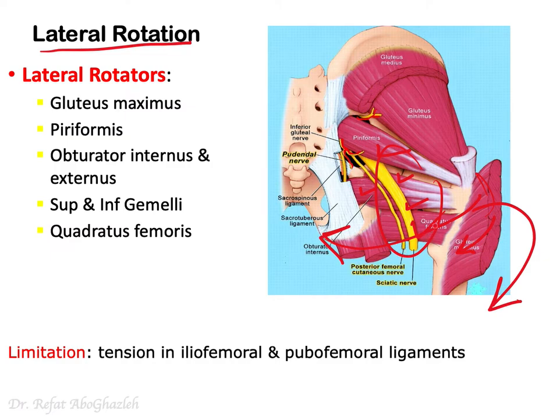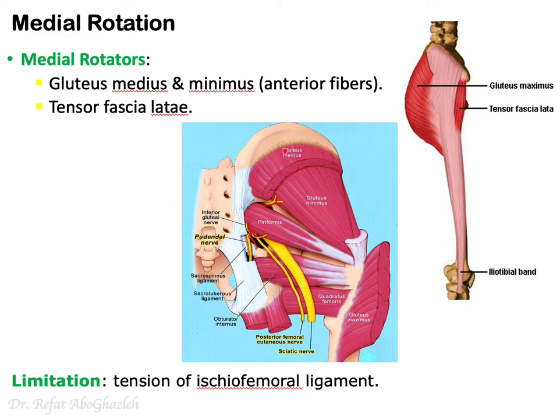The limitation of lateral rotation is by the iliofemoral and pubofemoral ligaments. But the limitation of medial rotation is by the ischiofemoral ligament, because it is located here posteriorly, right?